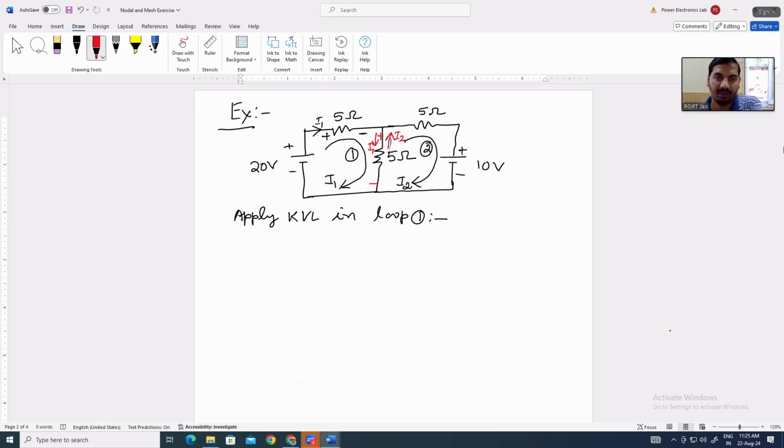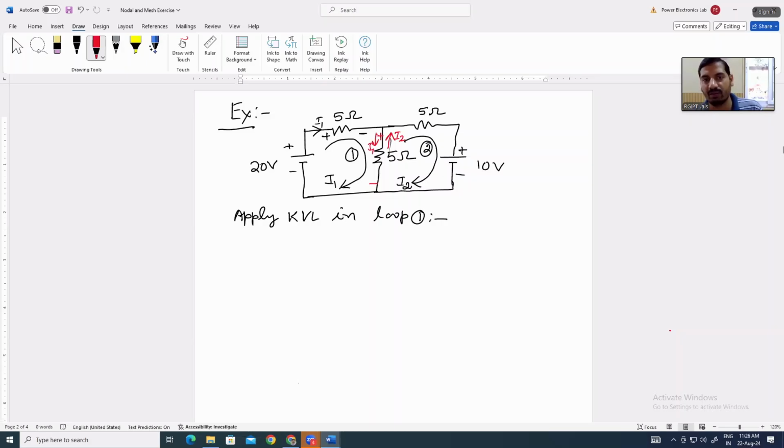Is it clear to all of you? If there is any doubt, you can ask. Because there are two currents through this 5 ohm resistance, I1 and I2, the resultant current will be the algebraic sum of both.